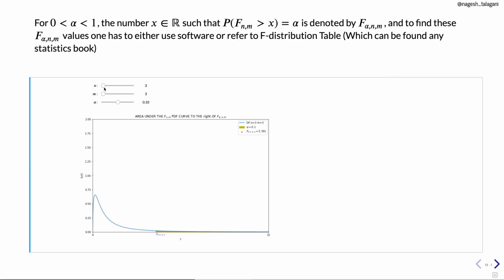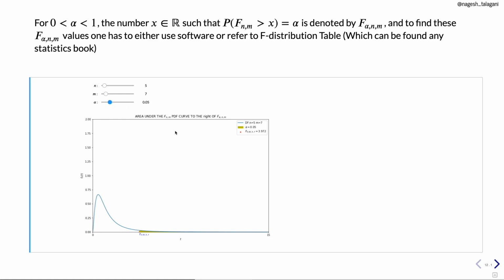Okay, here let me change n to 5, m to 7, and alpha to 0.05.